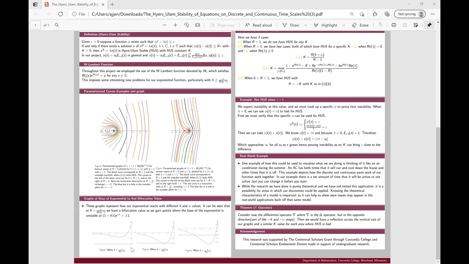The second one is when h moves on to be equal to that value, and as you can see, it touches the dotted line, which represents another unstable point. So that increases our unstable points to 2. And when h is greater than the value, it crosses over that dotted line twice, causing our unstable points to be 3 now.